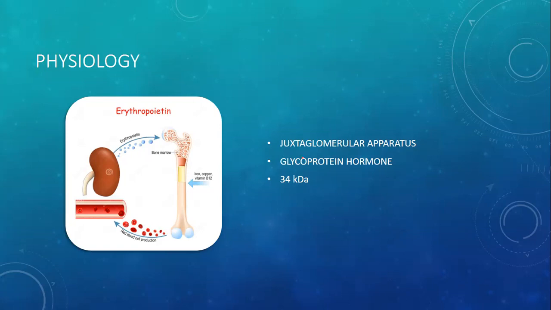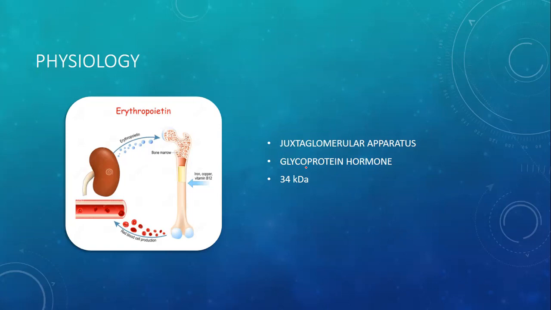Okay, so what is erythropoietin? It is formed in the cells. It is a glycoprotein hormone. We already talked about types of hormones, right? Glyco means that it has a part of this molecule which is formed by carbs. We already know what carbs are, right?